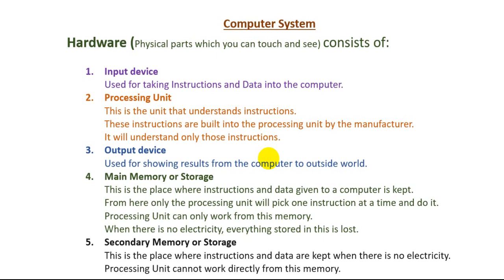But the problem is the processing unit cannot work directly from this memory. So when the processing unit needs to work with some instructions and data, they have to be first loaded into the main memory. That is why we call this secondary memory. Main storage is the place the processing unit can work with. Secondary storage is used to keep those stored so that they do not get lost, because main storage cannot keep that information when there is no electricity, right?